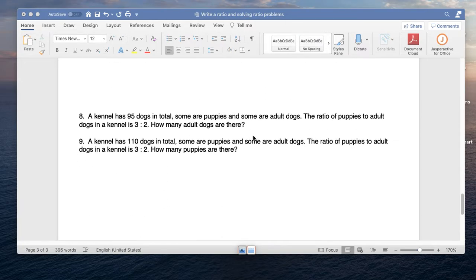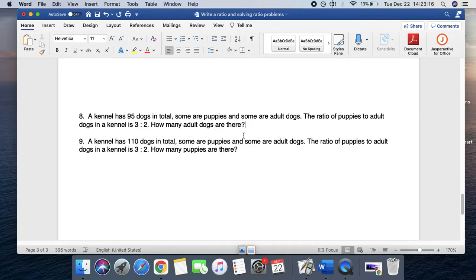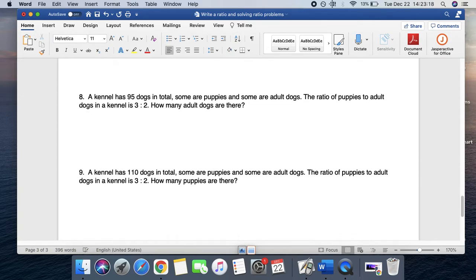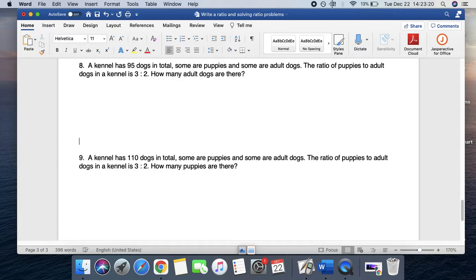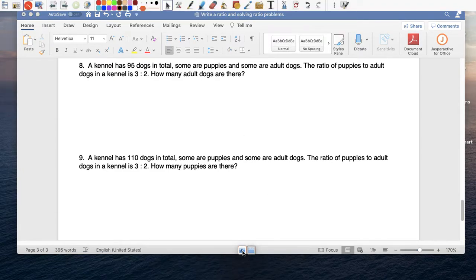Two more. They look similar. Okay, number 8. A kennel has 95 dogs in total. So some are puppies, cachorritos, and some are perros adultos, no? So we have, let me write puppies and adult dogs, and then we have total.